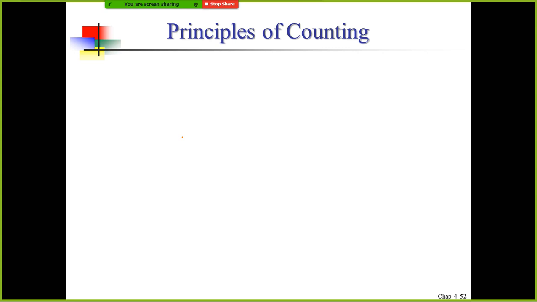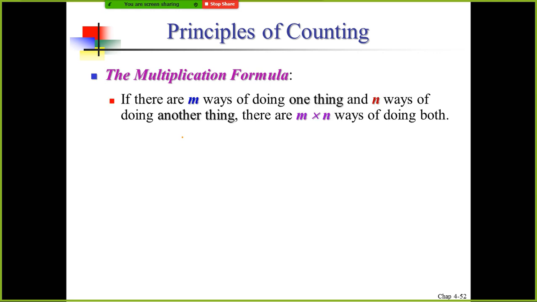First, looking at multiplication formula. In order to use multiplication formula for principles of counting, at least we have two things or two problems or two events or two objects. For example, we have one thing and the other thing.